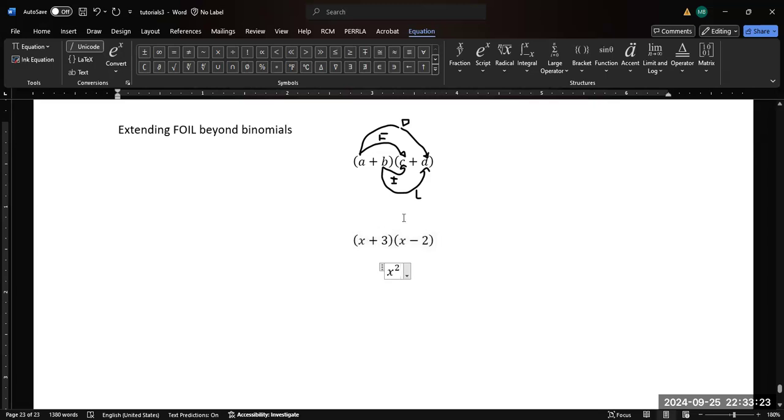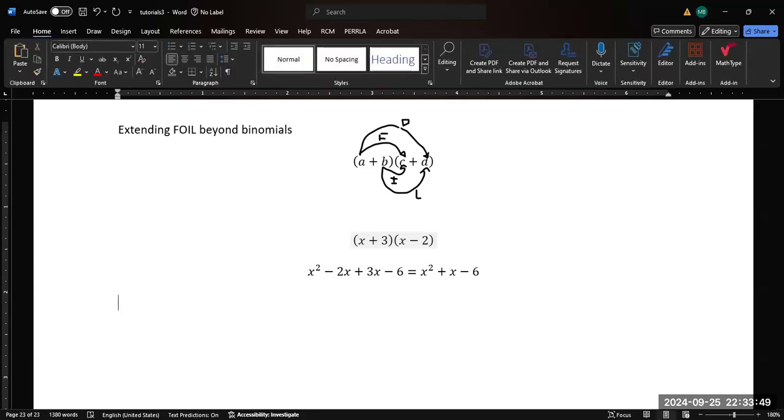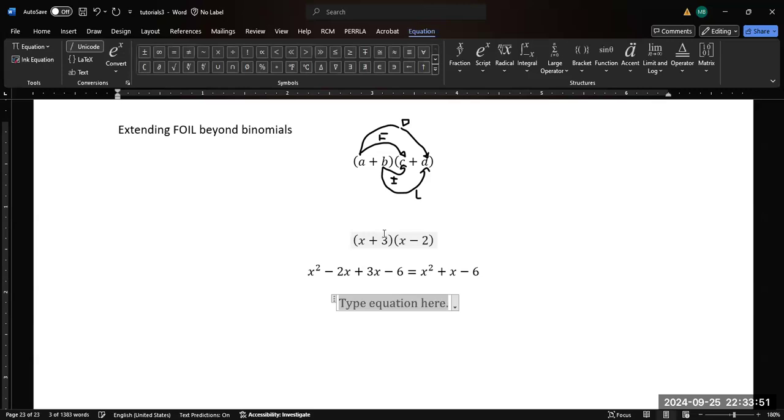And then x is going to multiply -2, so -2x. We've now multiplied x by everything in our second parentheses. And so now we're going to multiply the 3 by everything in our second parentheses. So now 3x, and then 3 times -2 is -6. And then we can combine whatever like terms we have. And that is our multiplied out problem.